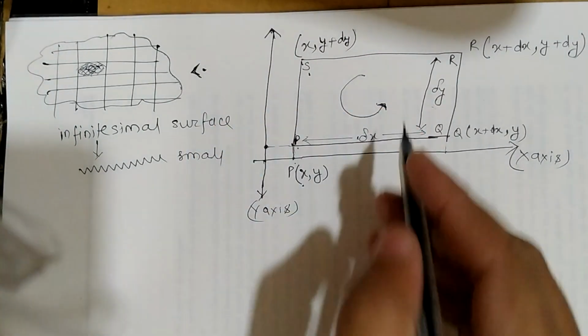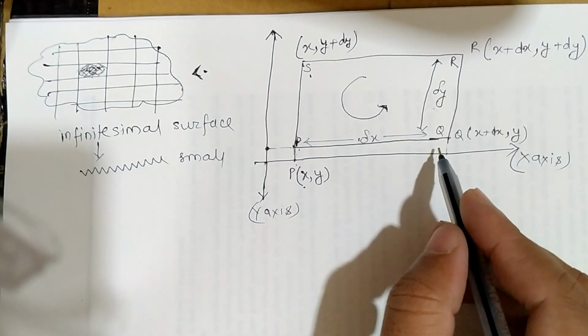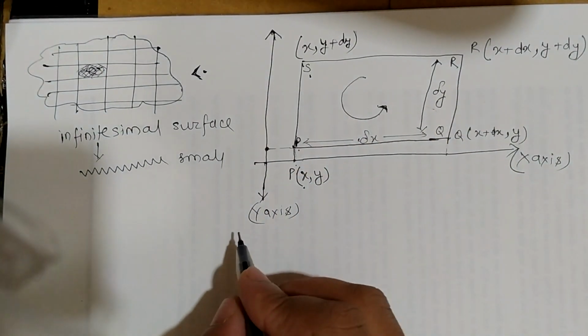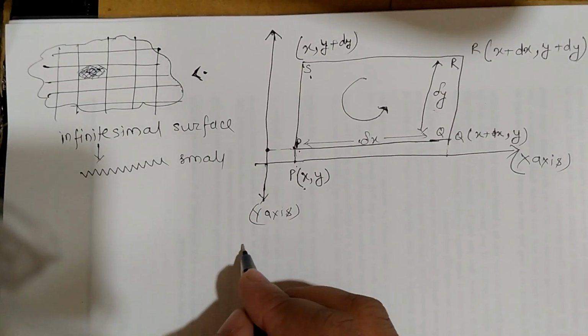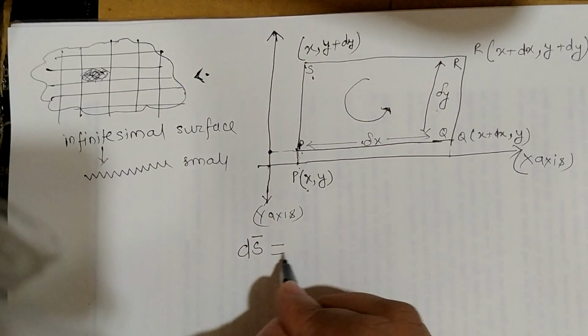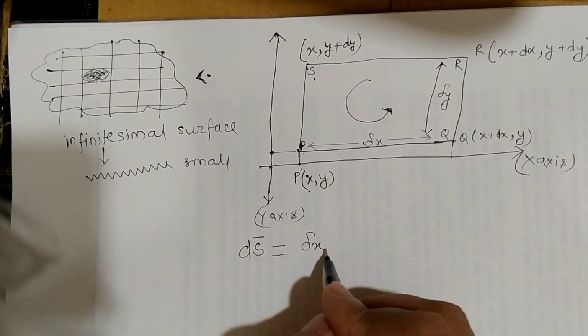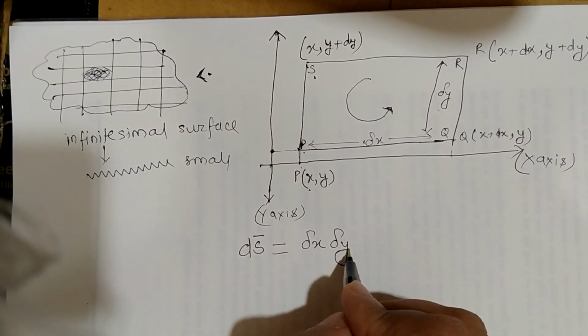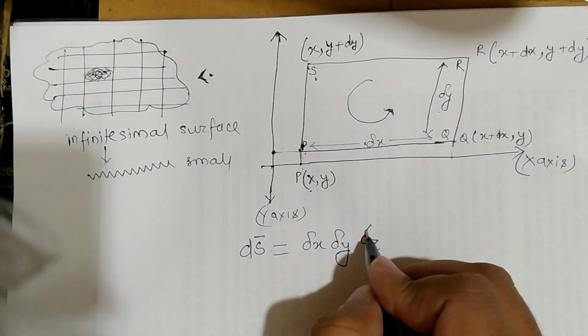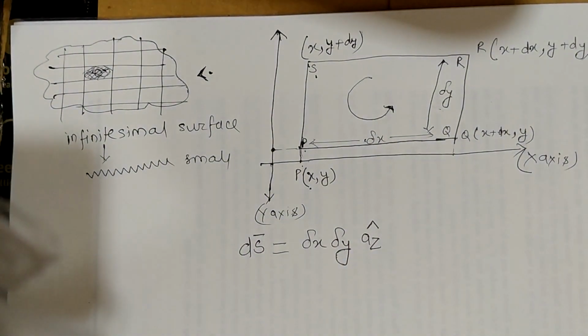Now for this surface area PQRS, the area vector ds bar is equal to delta x delta y, and perpendicular to this one will be a z cap.